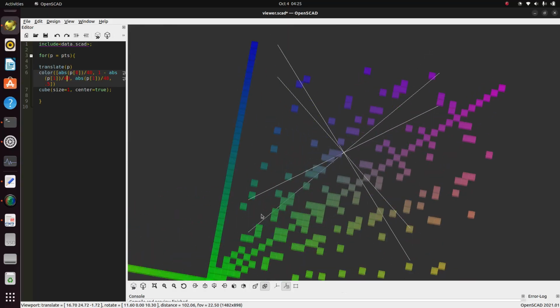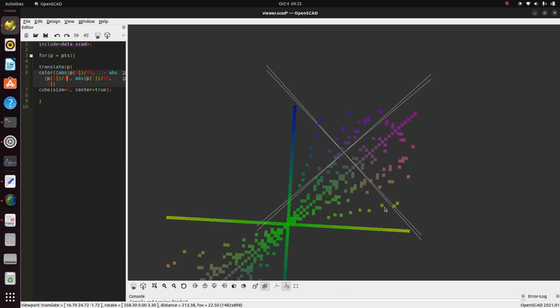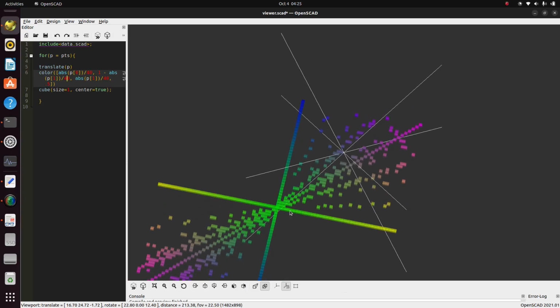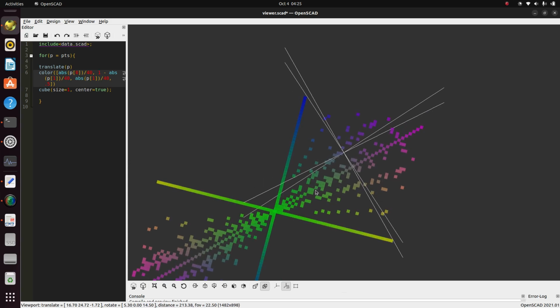There are these angles that it shoots out at. But it's not quite a straight line. It's a little bit more complicated, and then it has these weird shapes that come off the main diagonal.